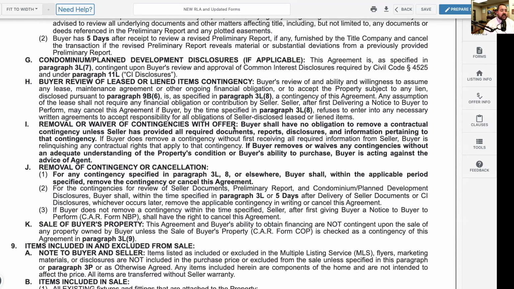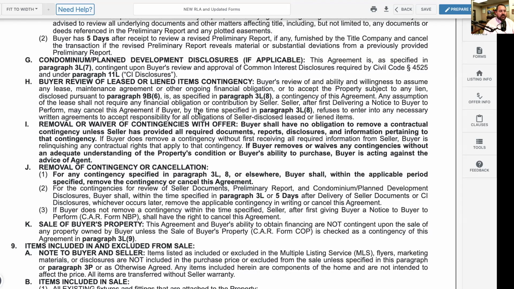Removal or waiver of contingencies with offer. Buyer shall have no obligation to remove a contractual contingency unless seller has provided all required documents, reports, disclosures, information pertaining to that contingency. So, for example, when we see offers that you're writing or buyer's agents are writing that say, hey, we're removing all our contingencies with the offer, that's fine, but if you don't have the disclosures that are required, removal of that contingency doesn't really affect the buyer because there's time periods that go directly with those disclosures.